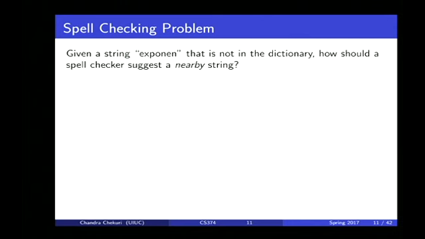Maybe we made a mistake in typing, and we want to know what is the closest word in the dictionary to something that we typed. This is a spell checking problem.